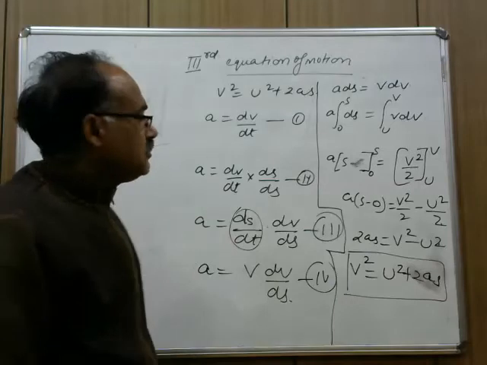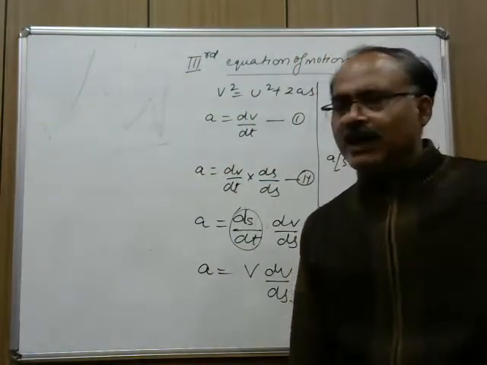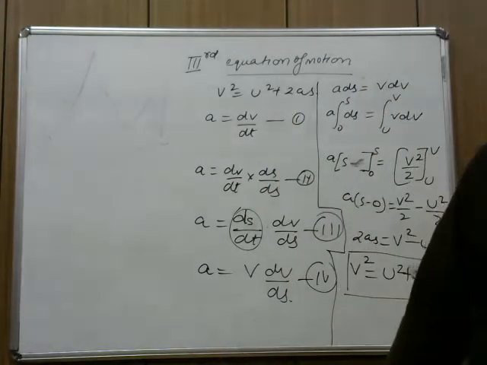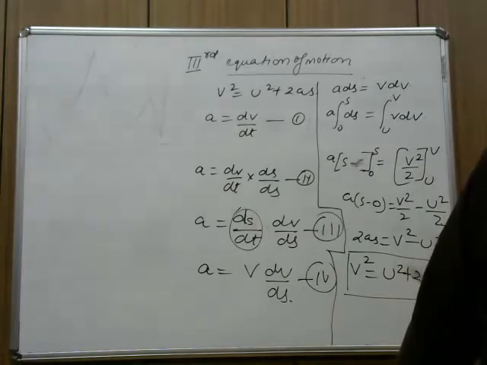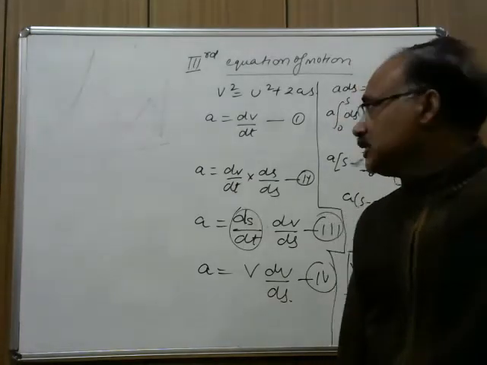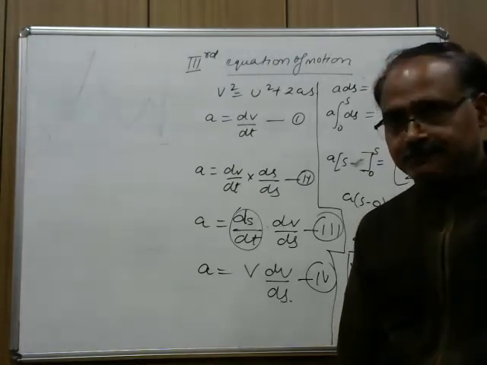Okay. So these are three equations of motion which we have obtained by the method of using calculus, and earlier we have obtained this by using mathematical method, means mathematical concepts.